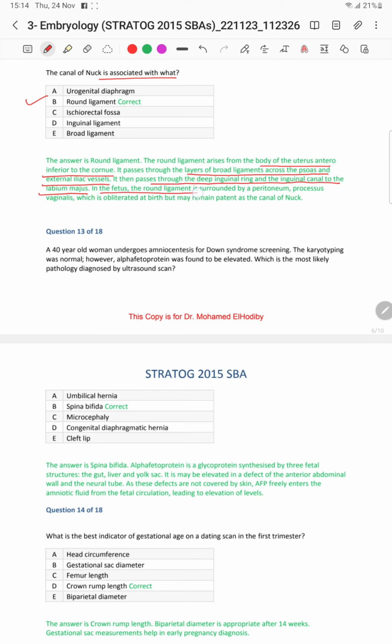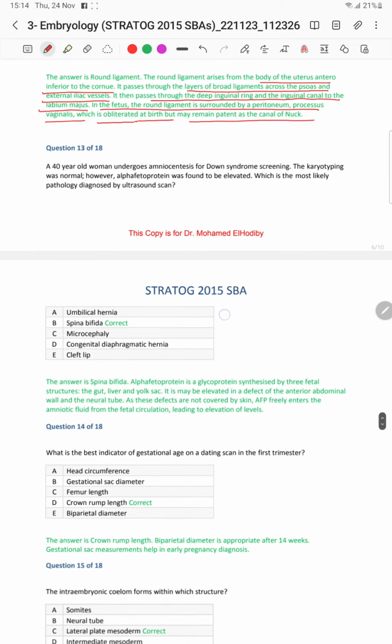In the fetus, the round ligament is surrounded by the peritoneal processus vaginalis, which is obliterated at birth but may remain patent as the canal of Nuck.